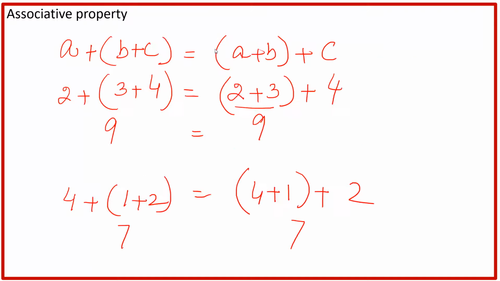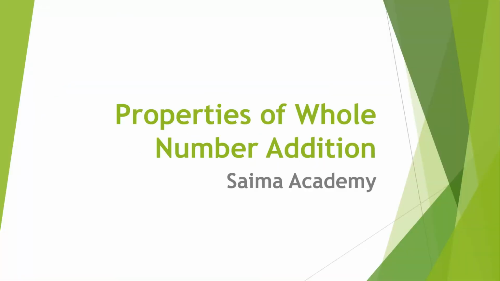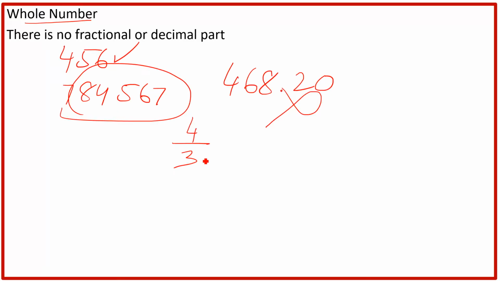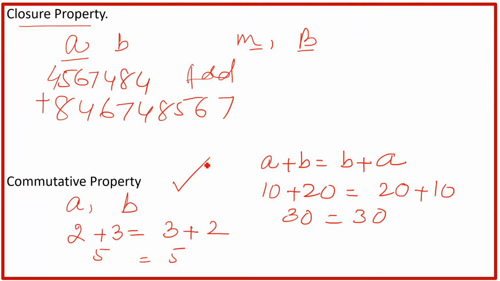So in this lesson, you have learned the properties of whole number addition, which are the closure property, right? When we add two numbers, we will get a unique number. For example, add million and billion together, we can add, but we will get a unique number.